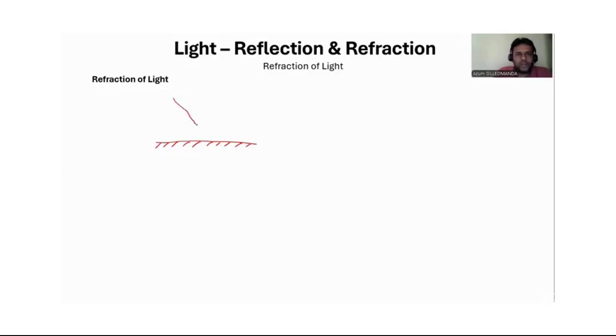So if a light ray hits on this, that's the incident ray. If I draw a normal to the mirror, this is the angle of incidence. And as this is polished, all the light reflects back into the same medium. That is the angle of reflection. So that's what we learned about reflection, right?